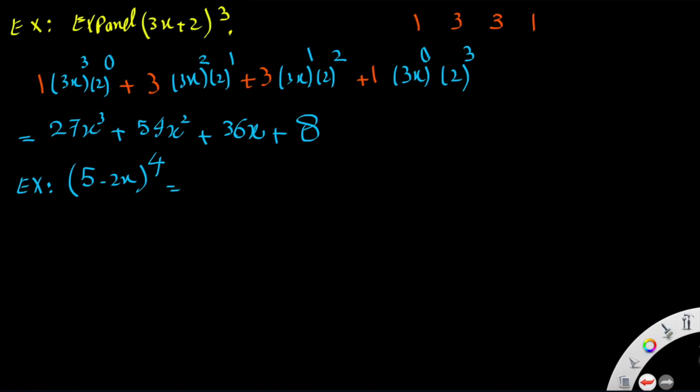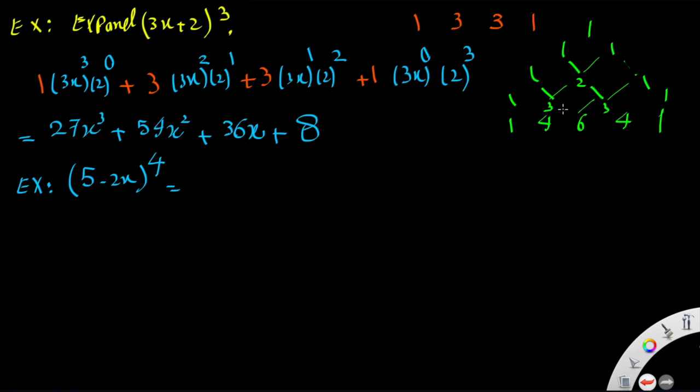Now, coefficients. If you remember, coefficients were 1, 4, 6, 4, 1. You can write the triangle: first row 1, then 1, 1, then here 1, 2, 1, then here it was 1, 3, 3, 1.